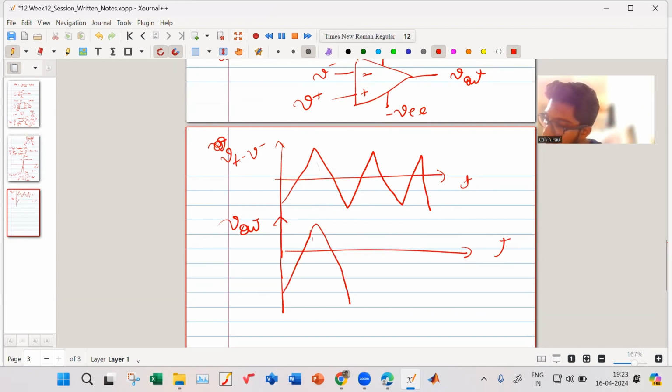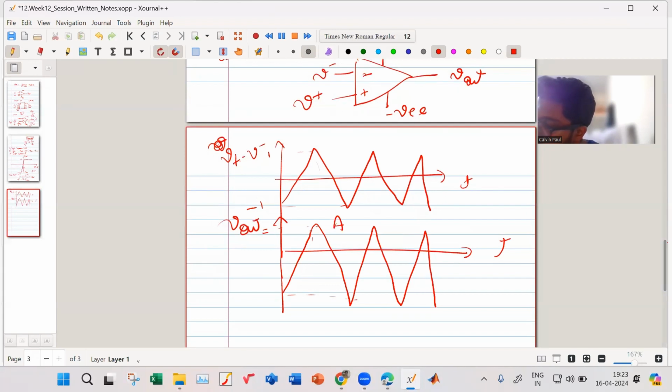It will also go like this, like this, like this. Suppose this has a value of 1 and minus 1, this will have value A and minus A, right? Yes, sir. Because V output is A into V plus minus V minus.